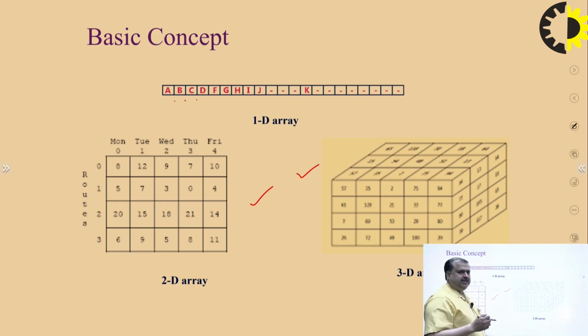For example, if I want to store the rainfall at a particular place on a particular date, we have three dimensions: the rain quantity, the date and the place. So we would require a 3D array kind of data structure to store such data.